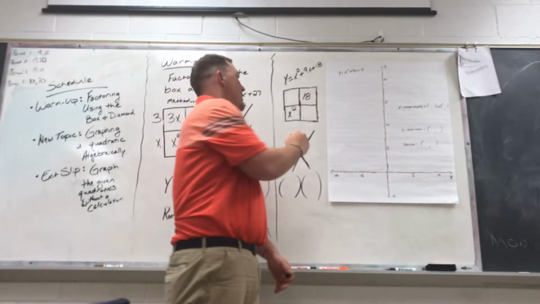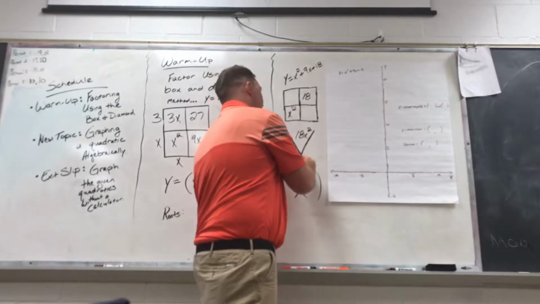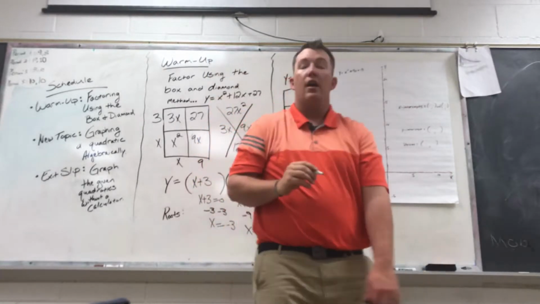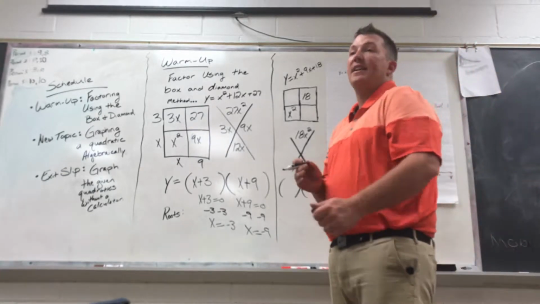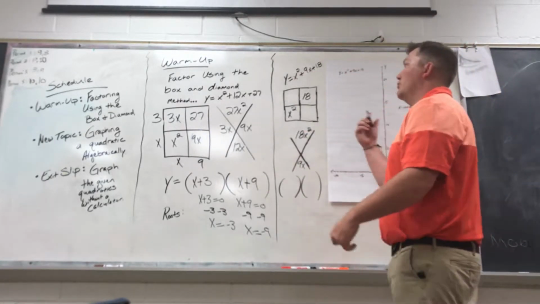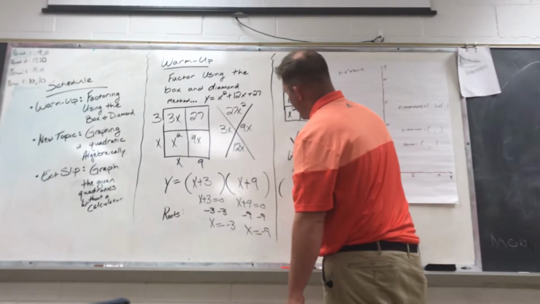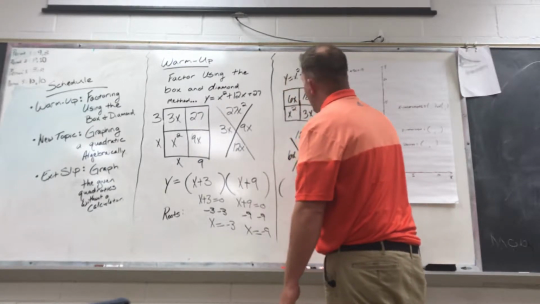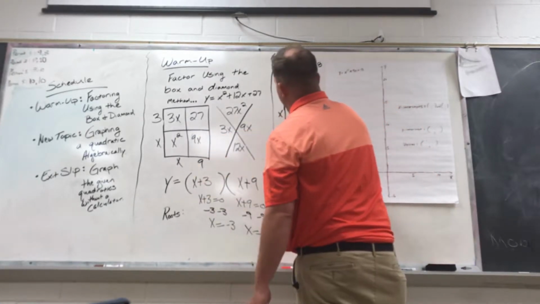X squared times 18 is 18x squared. Bring down your middle term, which is 9x. Same thing: what two numbers multiply to give you 18 and add to give you 9? It would be 6x and 3x, so those get plugged in right here. For x squared, the factors are x and x.